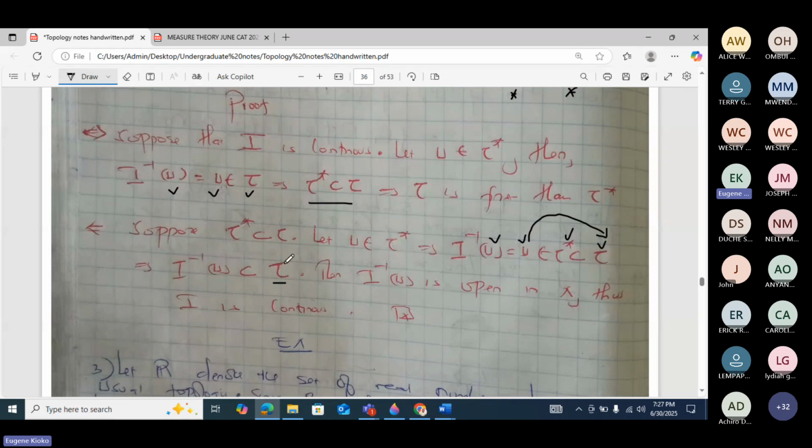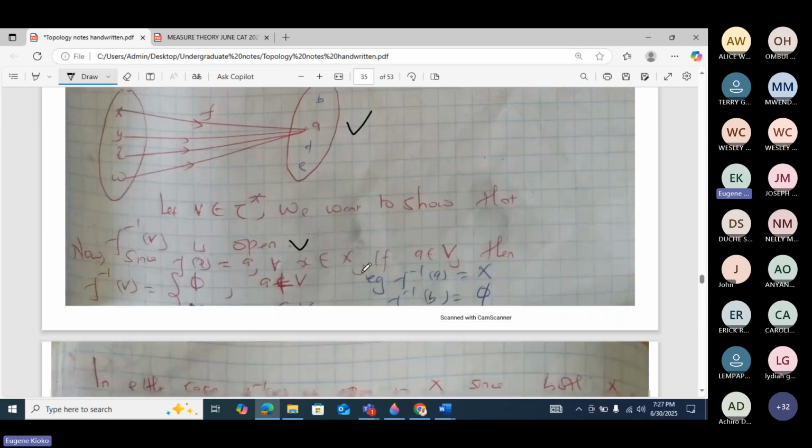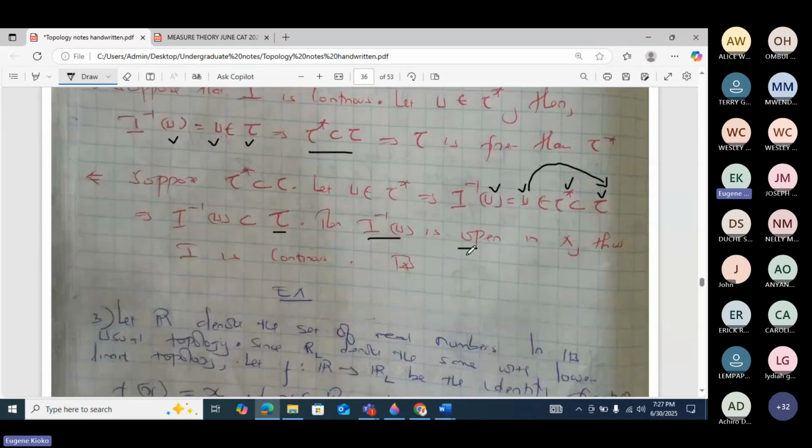And we have said members of a topology are called open sets. And that means the inverse is open. And from the previous example, we have said if the inverse is open, then it is continuous.